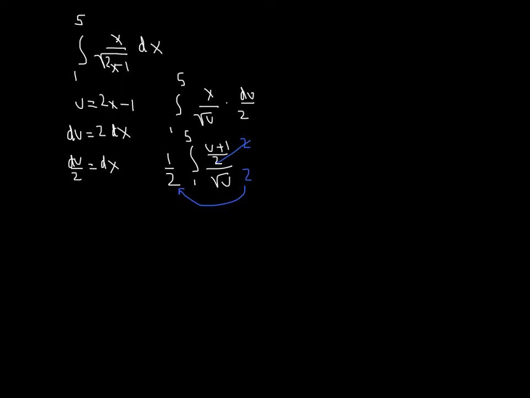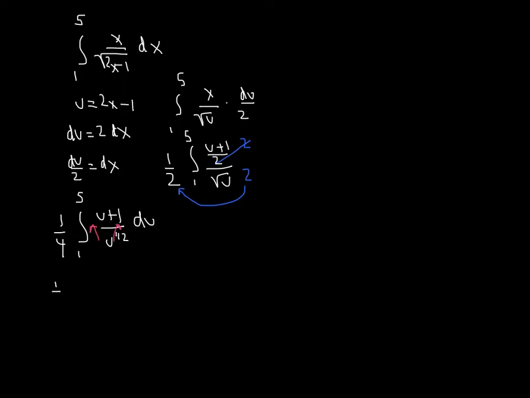So essentially we're going to have 1/4 the integral from 1 to 5 of u plus 1 over u to the 1/2 power du. Now I'm going to divide this u to the 1/2 into both u and 1 so I can break it up.